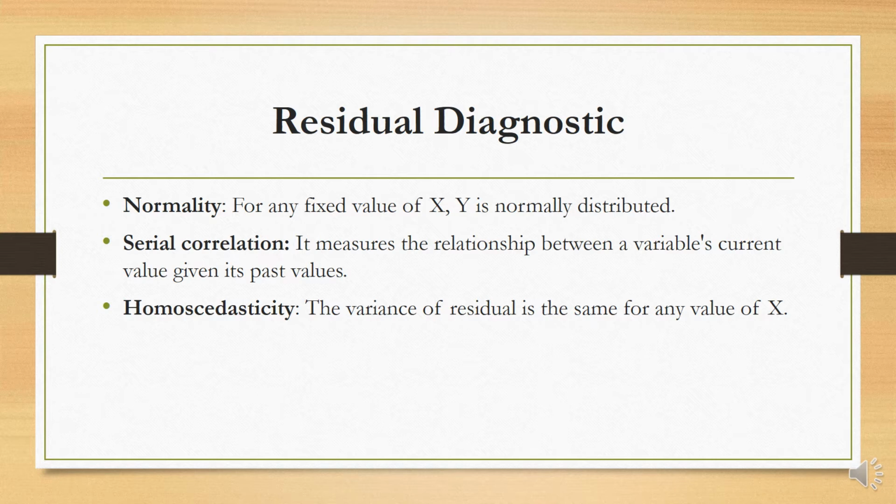Number one, normality: for any fixed value of x, y is normally distributed. Serial correlation: it measures the relationship between a variable's current value and its past values. Homoskedasticity: the variance of the residual is the same for any value of x.